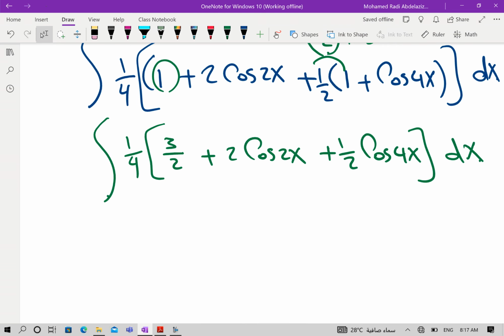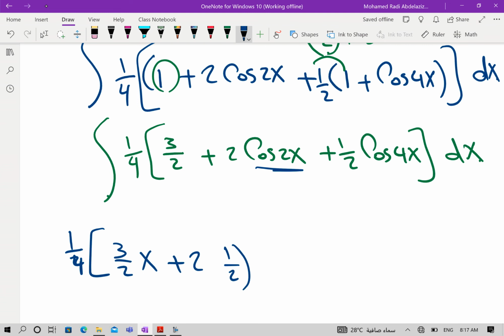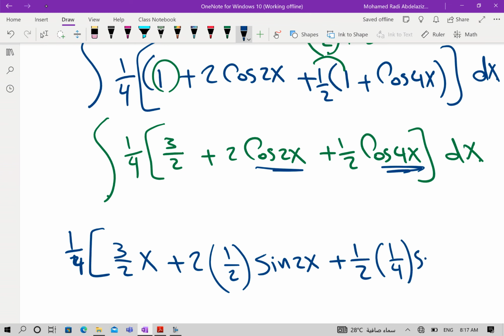Now we'll start to integrate. You can keep half outside, fourth outside. Integrate of 3 over 2 is 3 over 2x, plus 2. Integrate of cosine 2x is 1 over 2 sine 2x, plus 1 over 2. Integrate of cosine 4x, 1 over 4 sine 4x.